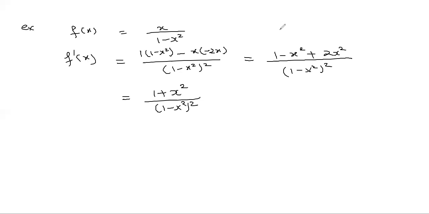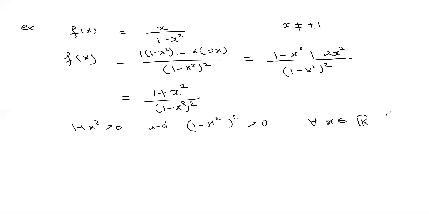Clearly the domain of the function is the set of real numbers except for positive and negative 1. And we can see that because the denominator (1 minus x square) whole square is always positive and the numerator is also positive because 1 plus x square is always greater than 0, for all values of x belonging to the domain, the set of real numbers except for minus 1 and 1.